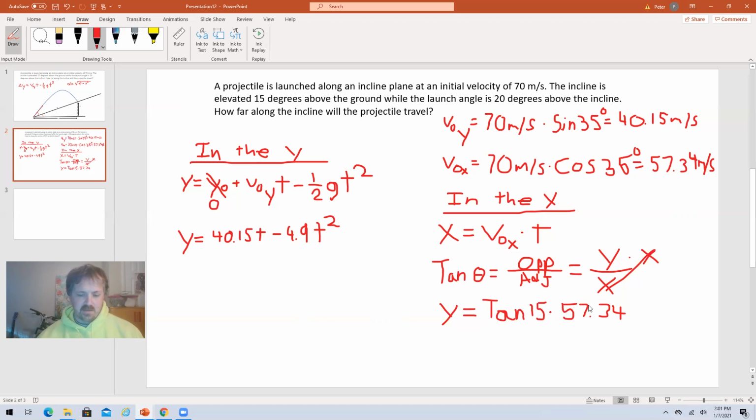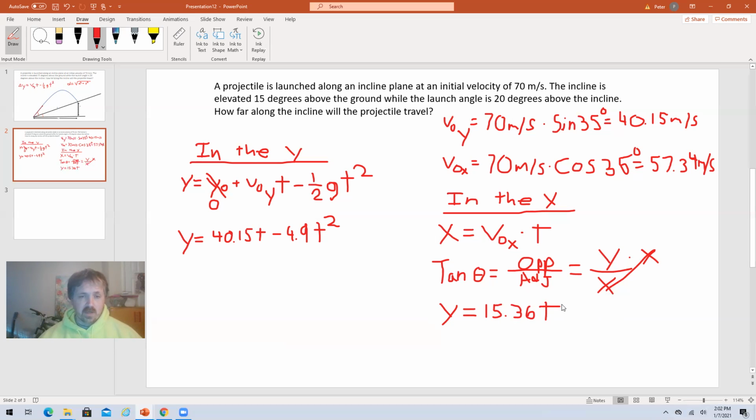What we get is 15.36. So y equals 15.36 t. Once again, if we knew what t was, we could very easily solve for y. If we knew what y was, we could very easily solve for t.